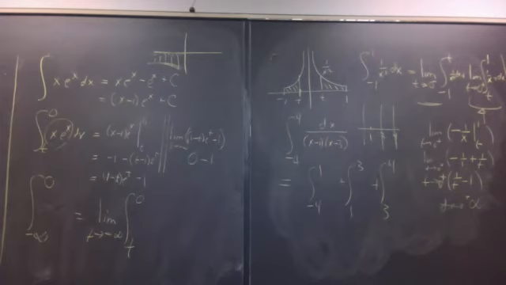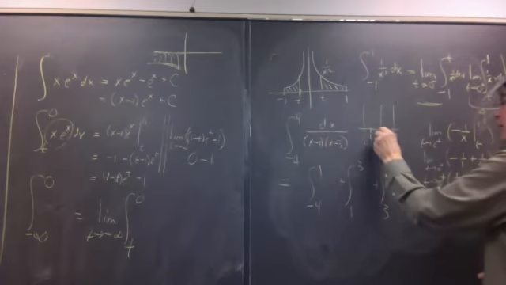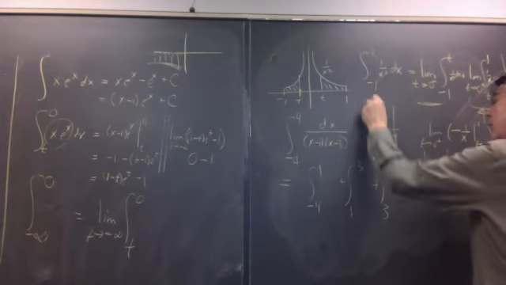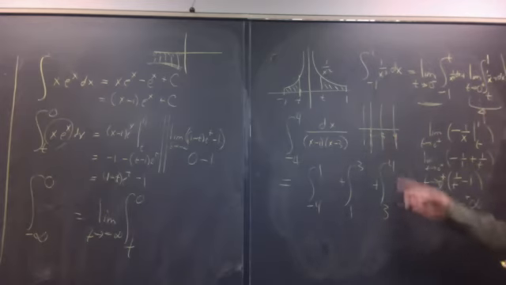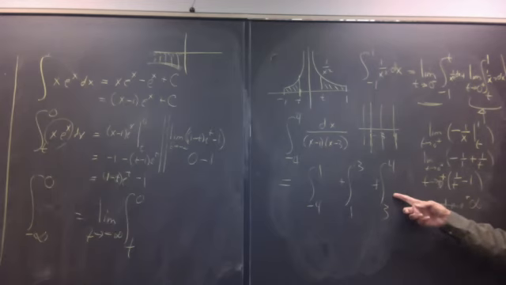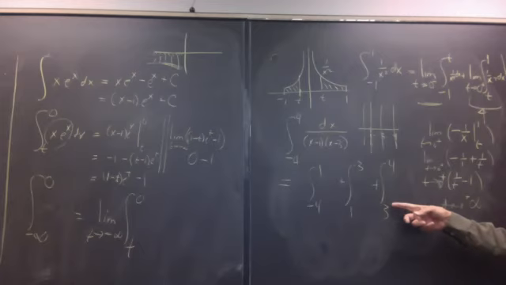Now, I hope I wrote 1 and 3 correctly on the other picture. Anyway, the problems were here at 1 and 3, not at 4. So this one right here is going to be a proper integral, because the problem, or is it? Maybe not. Does this have a problem at either end? There's a problem at 3. It's improper too.